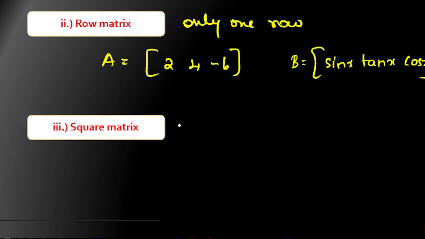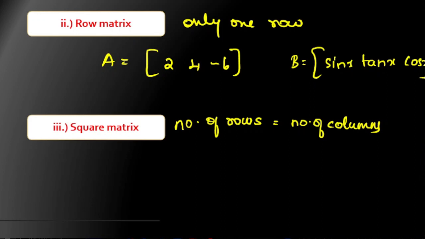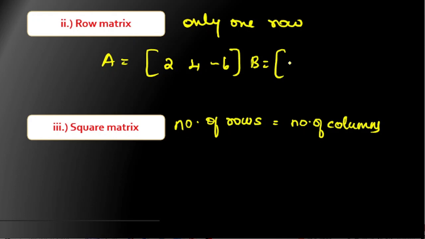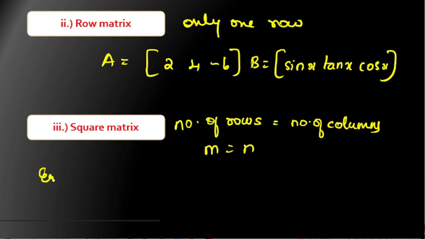So what is a square matrix? In a square matrix, the number of rows should be equal to the number of columns. That means your m is equal to n. Example: 2, this is a 1 into 1 matrix.